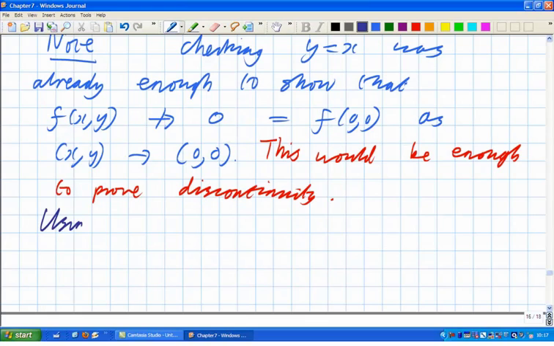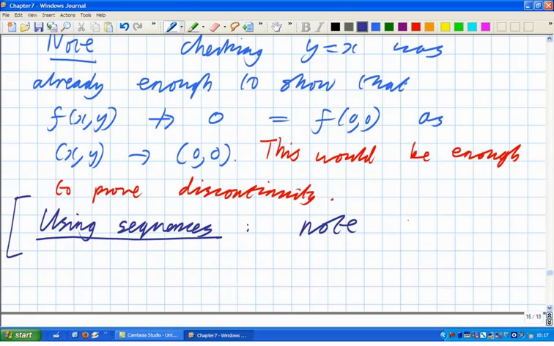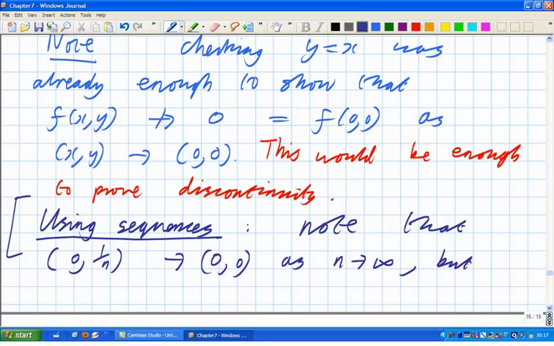But I'll give you, as an optional extra, the method using sequences. Officially, if you want to work with the definitions from this module, you would use sequences, though I'll let you use these convincing arguments anyway. Note that the sequence 0, 1 over n tends to 0, 0 as n tends to infinity.